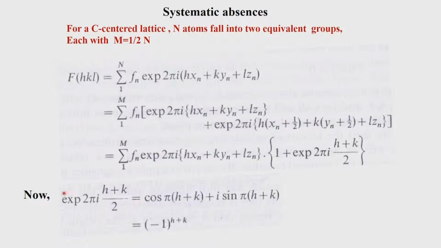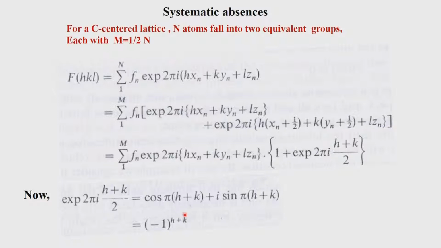So, this exponential factor with the integers can be calculated straight away, and it so happens that it has a value of minus 1 to the power of h plus k. So, this minus 1 to the power of h plus k can now replace this quantity, and we will have 1 plus minus 1 to the power of h plus k.